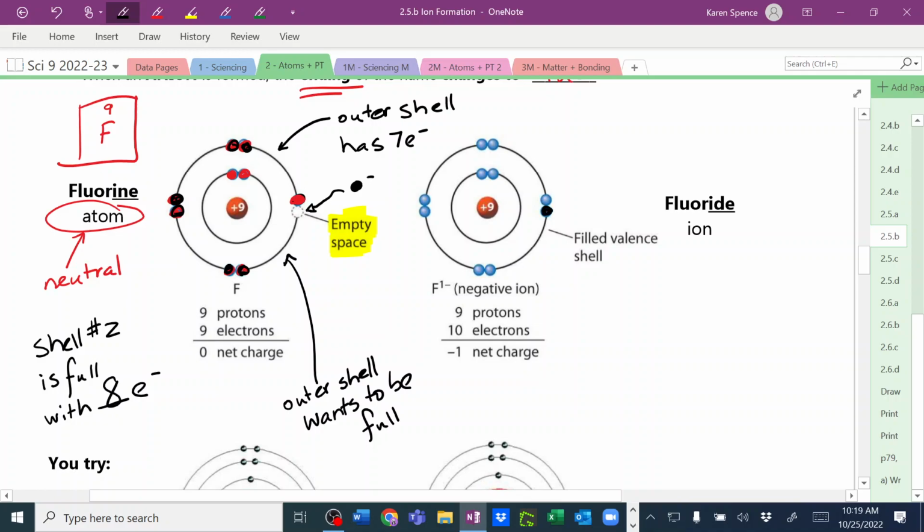And now instead of having 9 electrons, it has 1 more electron. And so you have 9 positives and 10 negatives, which gives you an overall -1 charge. And we change that name then to, instead of fluorine, it is now fluoride.